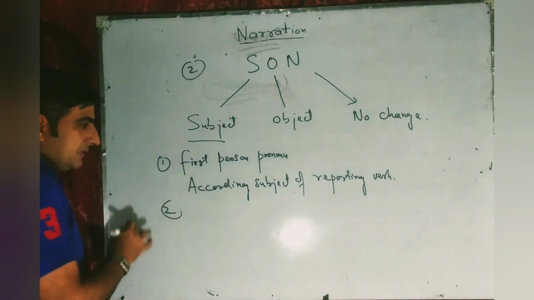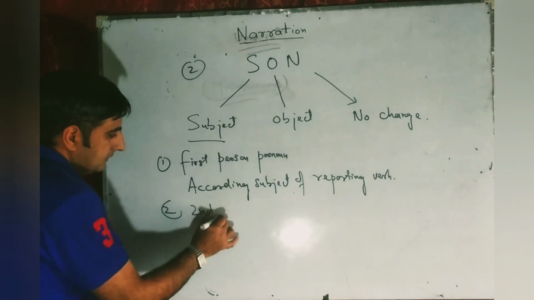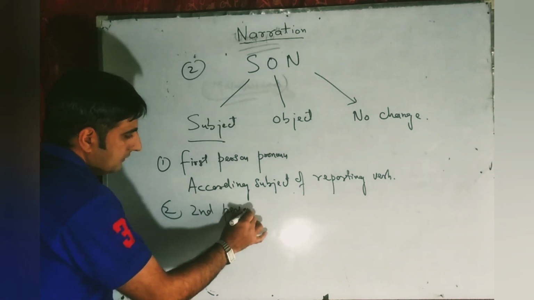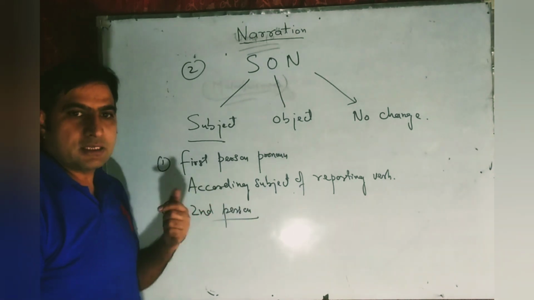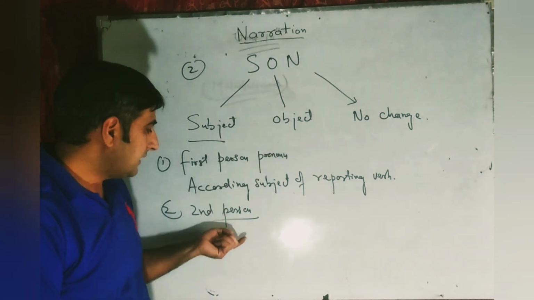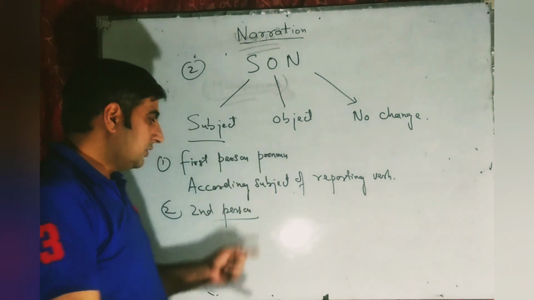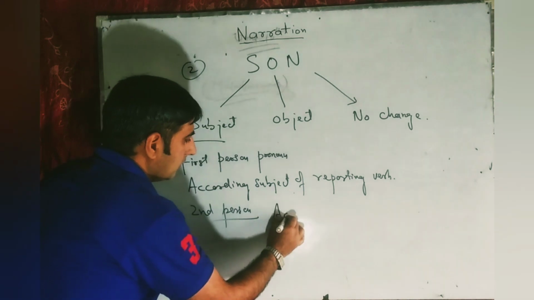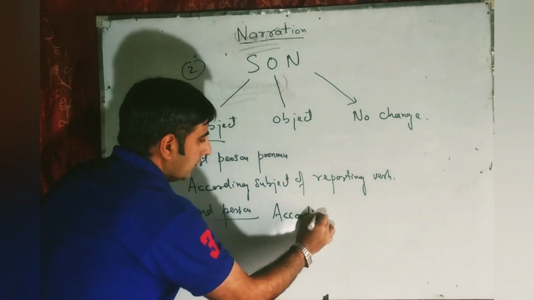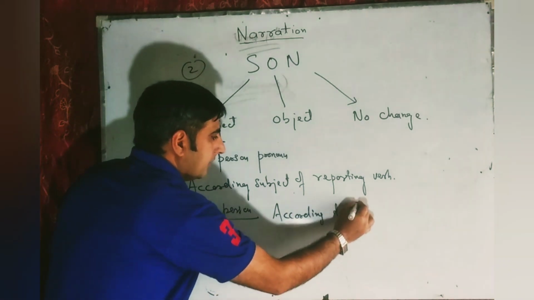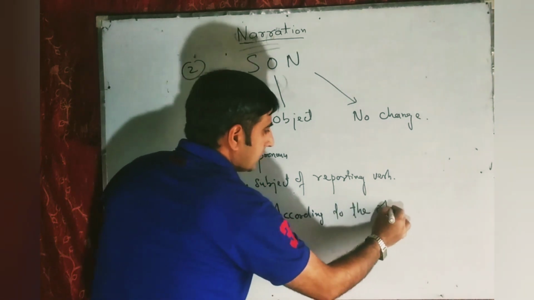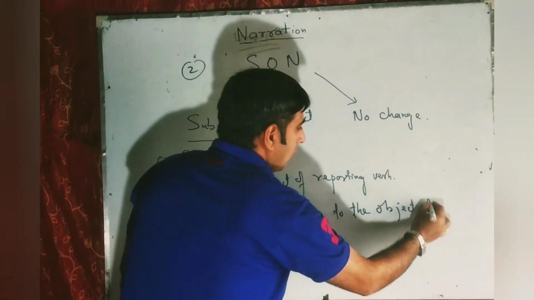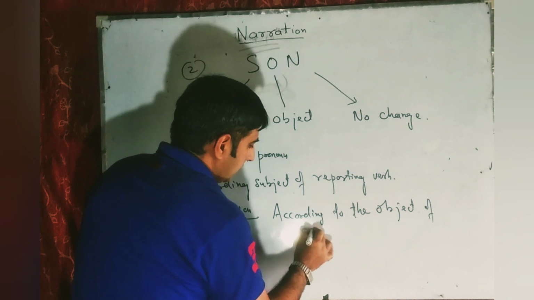Second is the second person. First person is I and we. Second person is you. It is changed according to the object of the reporting verb.